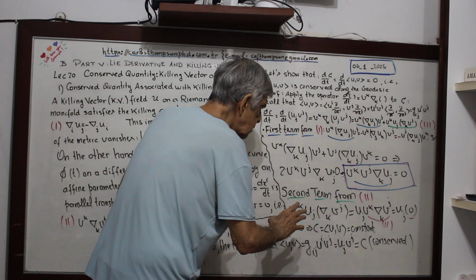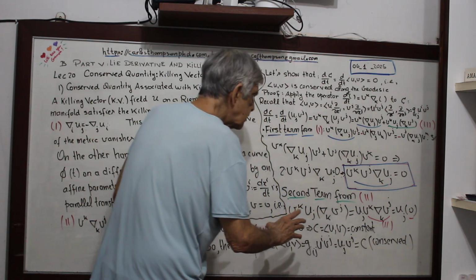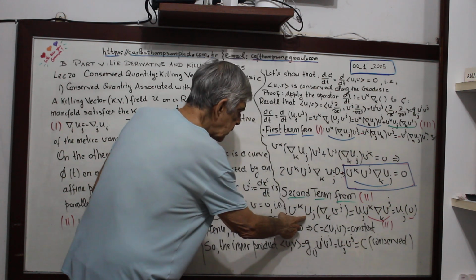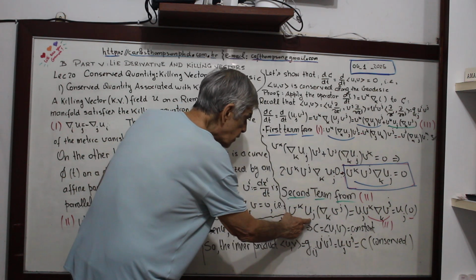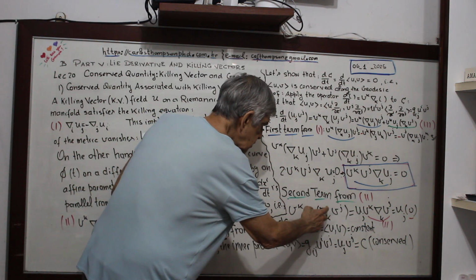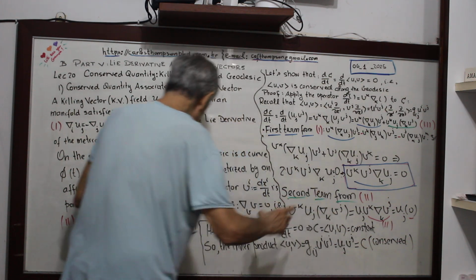It's easy to see that Vk covariant derivative of Vj is 0 from equation 2.